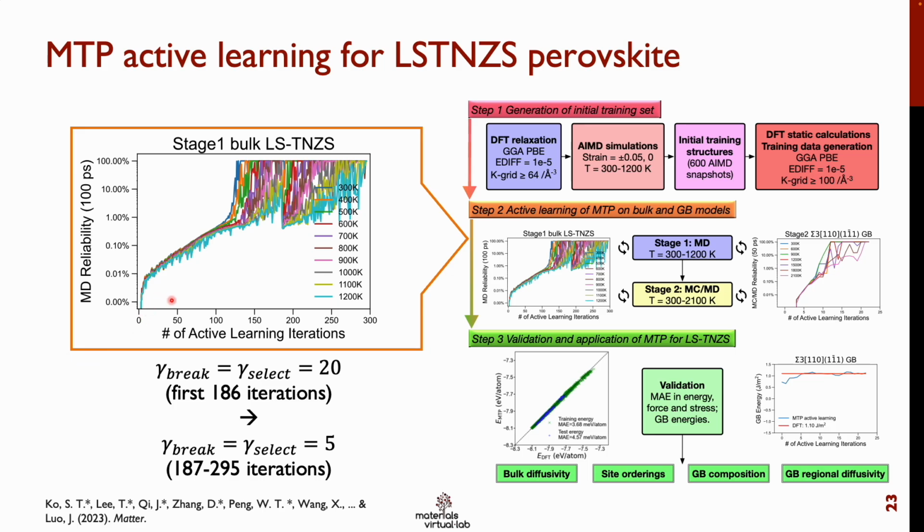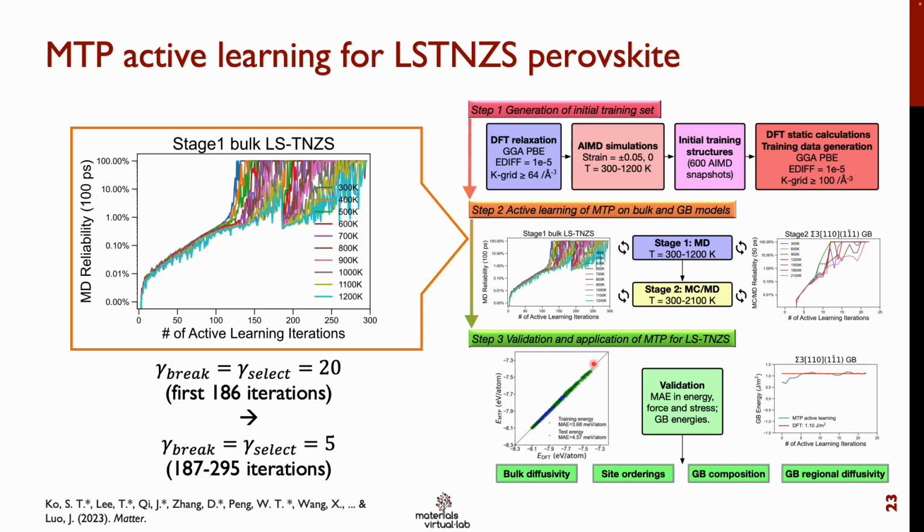So you can see that after 50 active learning iterations, we still cannot complete even 0.1% of the 100 picosecond simulation, which is actually below 100 steps of MD simulation in our cases.